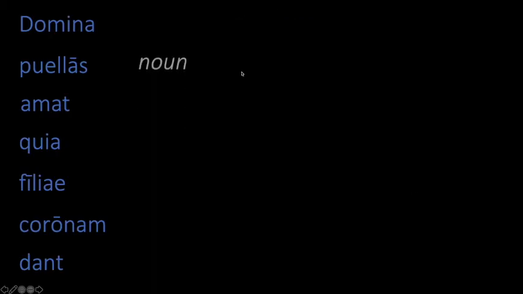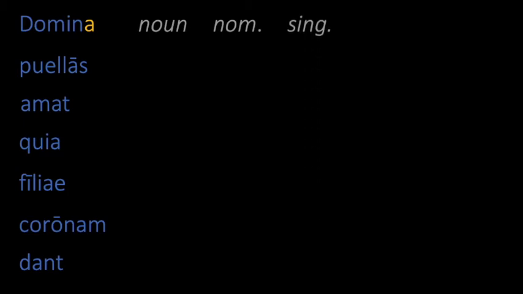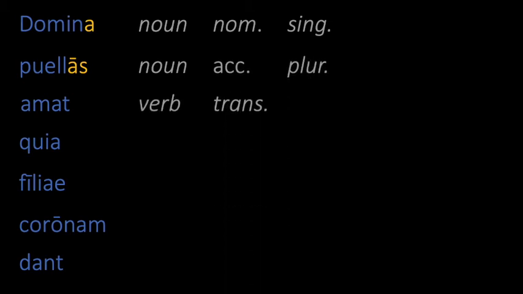Domina is a noun, and its form is nominative singular. Puellas is also a noun, and its form is accusative plural. Amat is a verb. It is transitive. The T ending means it is singular. Quia is a new conjunction that we have learned in this lesson. Filiae is a noun, and there are several possible case and number combinations for its form.